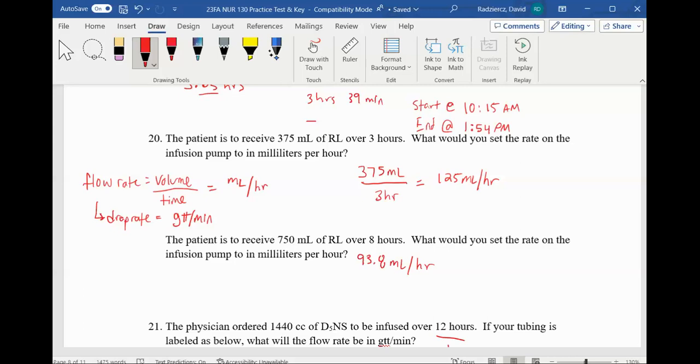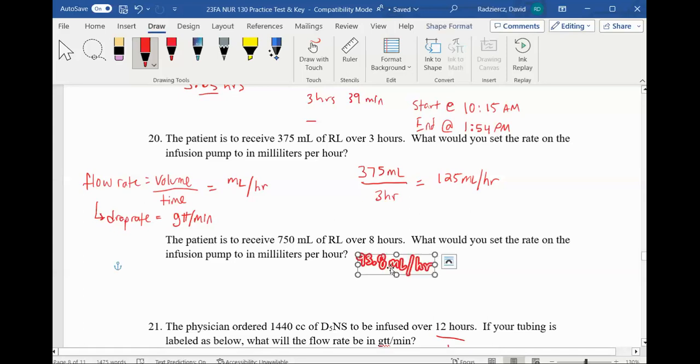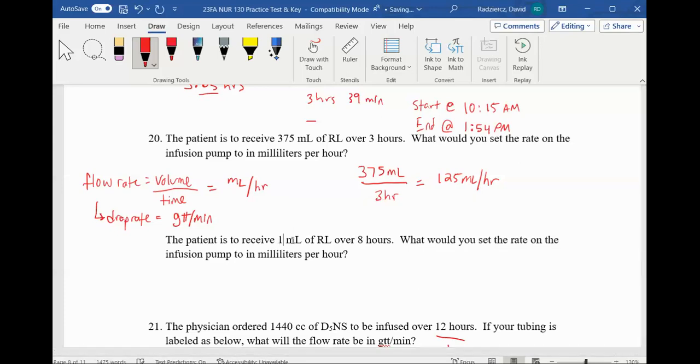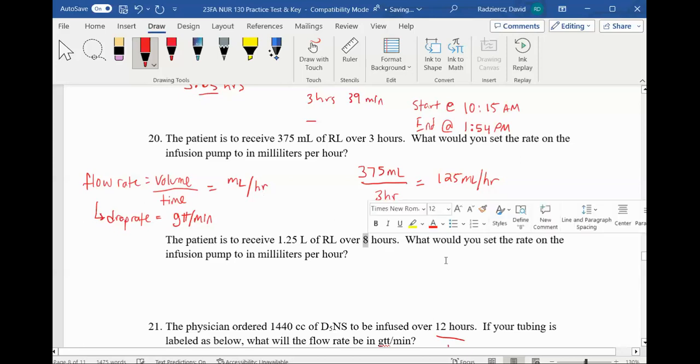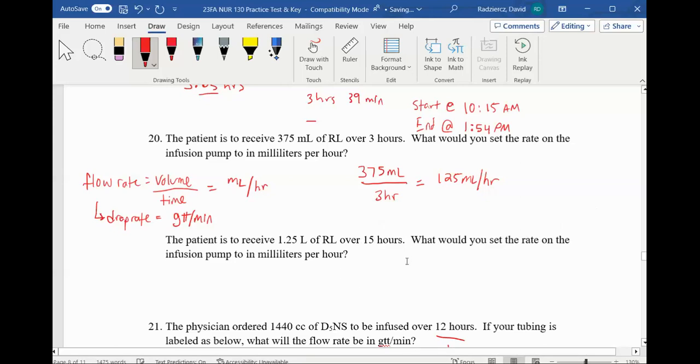So for practice, I'm going to have you do this one down here, but I'm going to change the variables. Let's make this 1.25 liters, and then we're going to say over 15 hours. So go ahead and take your time.